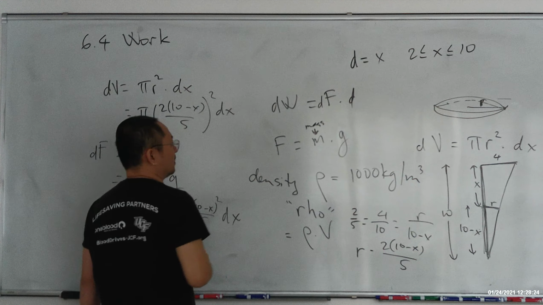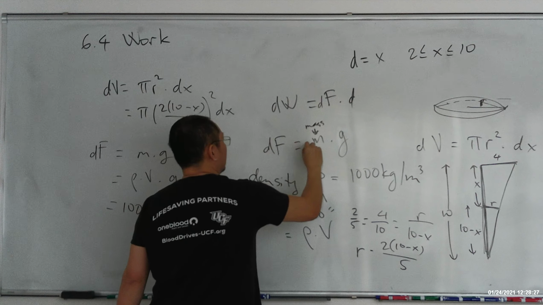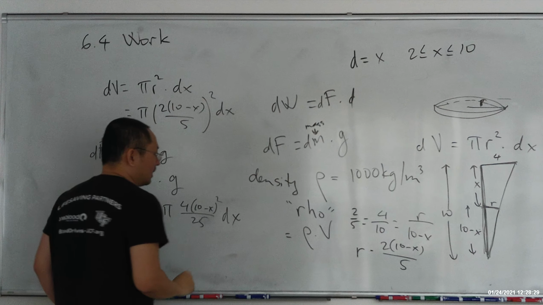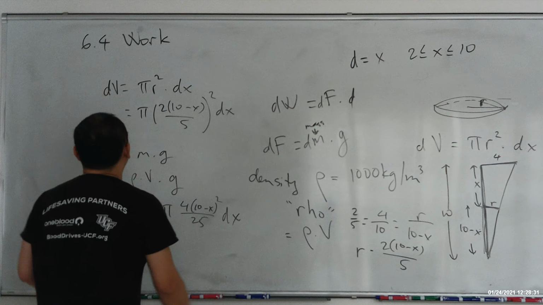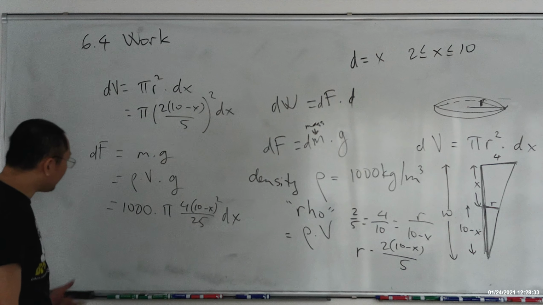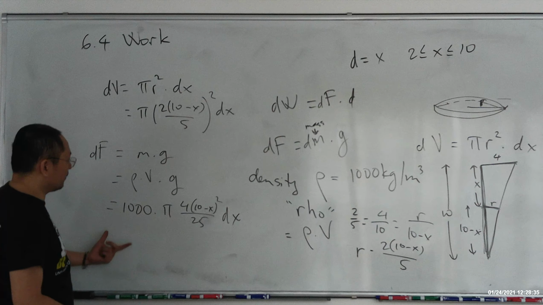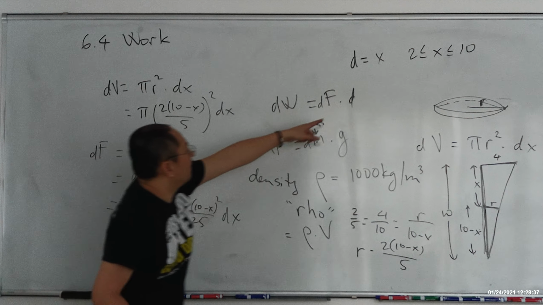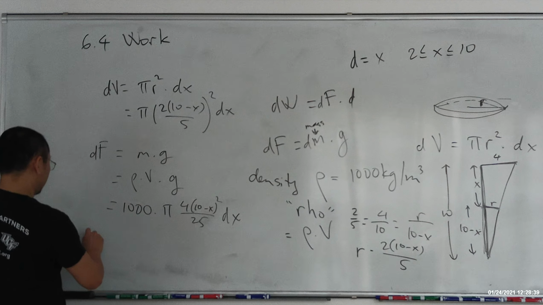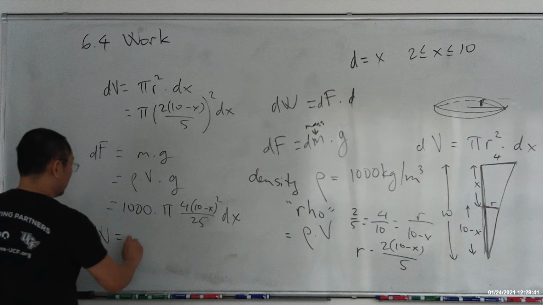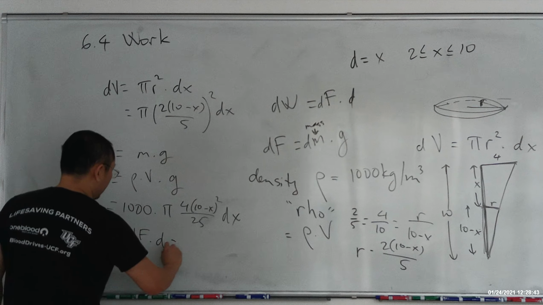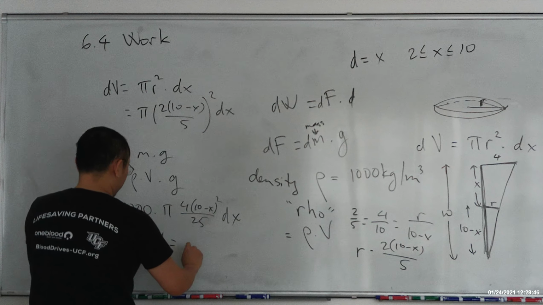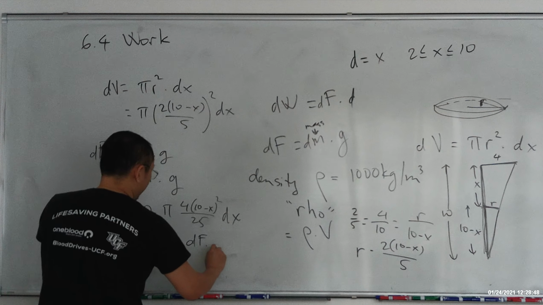Little force needed, okay? The little force is a little mass times g, and the little mass is rho times little v. Okay. And then what? This is the little force in here, and then I gotta multiply by x right here. So the little work is equal to little force times the distance, which is x.